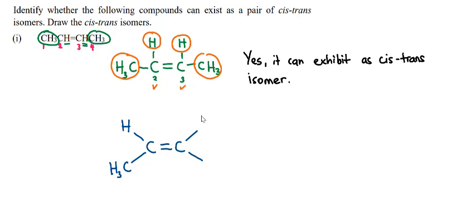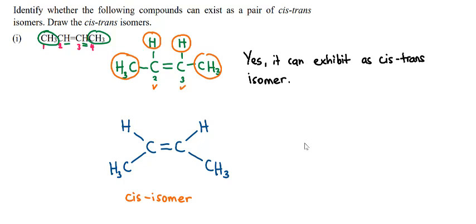Also for this carbon, we have hydrogen, and then CH3. Since these two hydrogens are side by side, with identical atoms side by side, we call it a cis isomer.